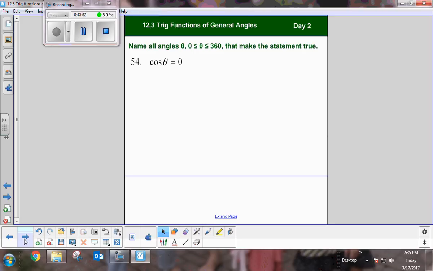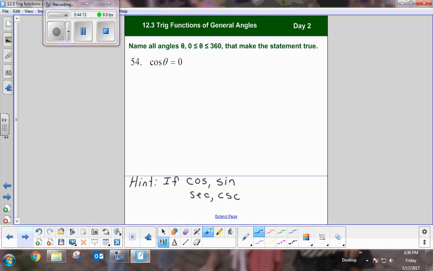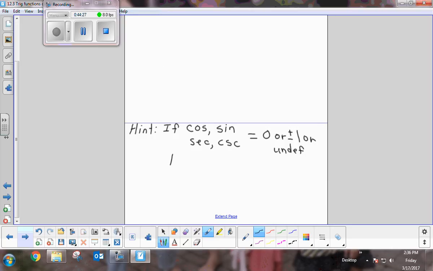So here's just a little hint. If cosine, sine, secant, or cosecant equal 0, or plus or minus 1, or are undefined, then you are dealing with a quadrantal angle.